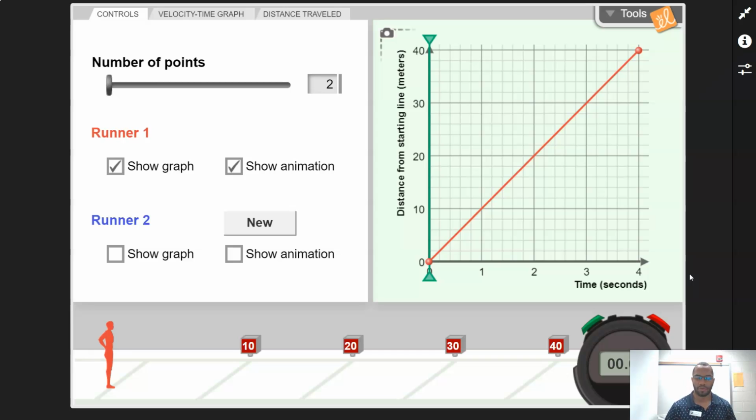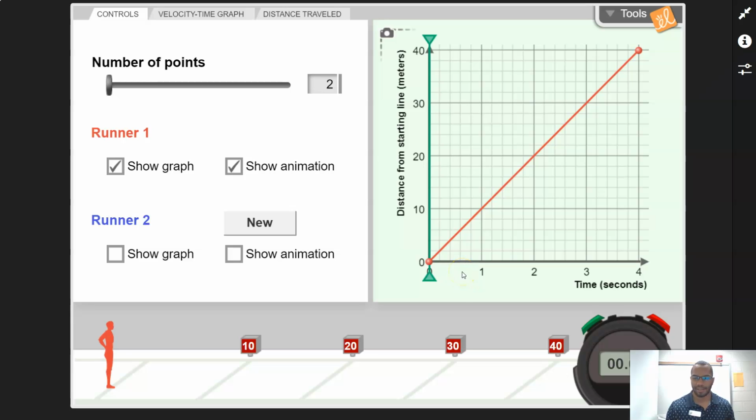So when we first look at the graph, it's important for us to recognize what we are looking at. Do you remember what this horizontal axis is called? It is called your x-axis.